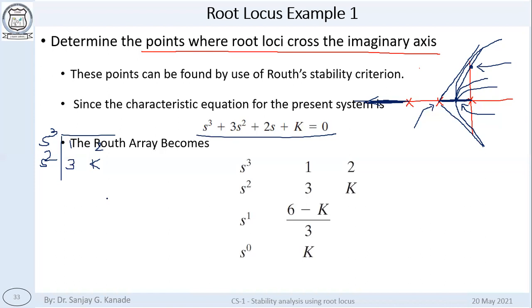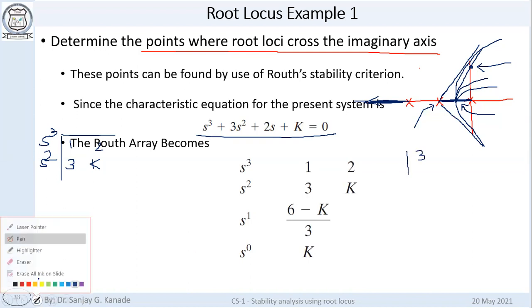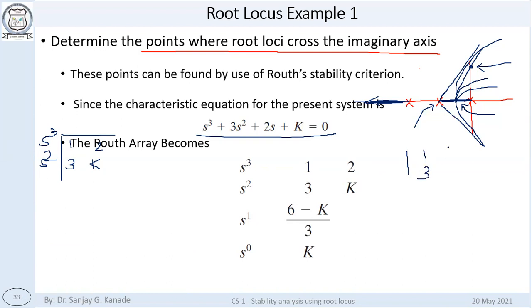Using these terms, you start solving, and then the next term, how does it come? You take 1, 3, 2, k, the negative of this determinant divided by 3. If you solve this determinant, you get this value, and similarly you get k here.